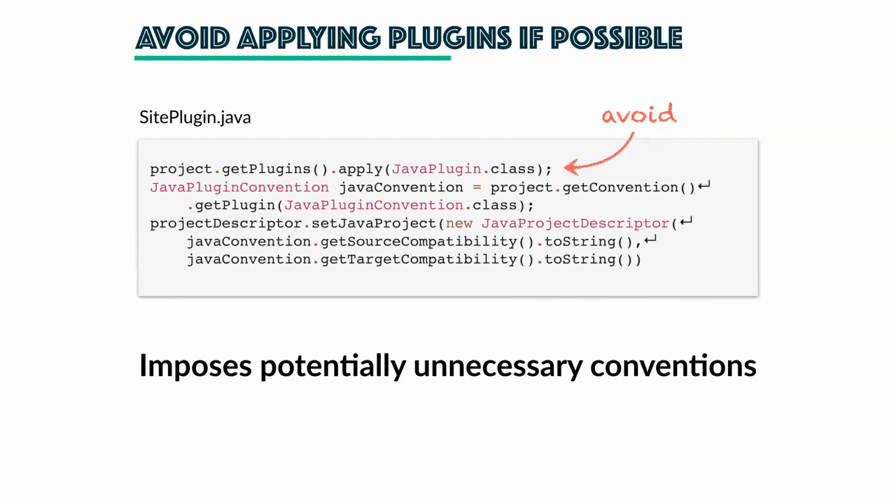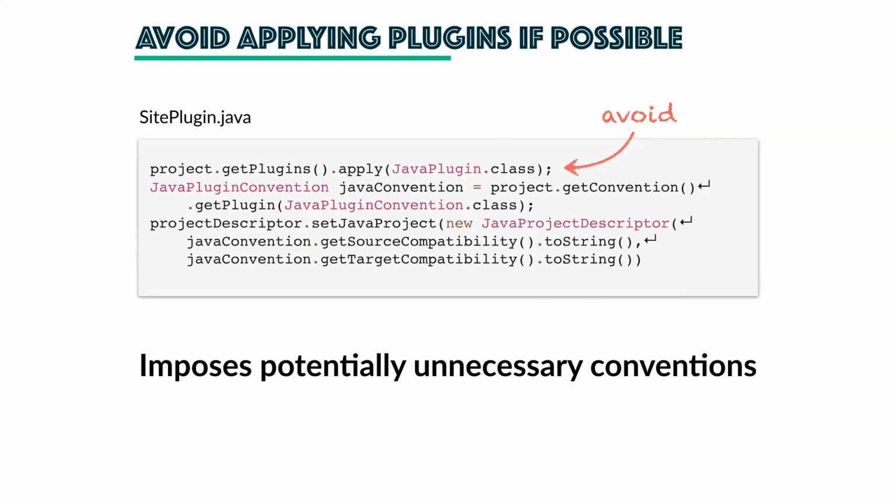So what you sometimes see in plugins is they just apply a bunch of other plugins because they somehow want to reconfigure them. But it's usually better to say, if the project that applies our plugin also applies another plugin, then react to it. Otherwise, don't just blindly apply a bunch of plugins, because that again has an impact on performance.